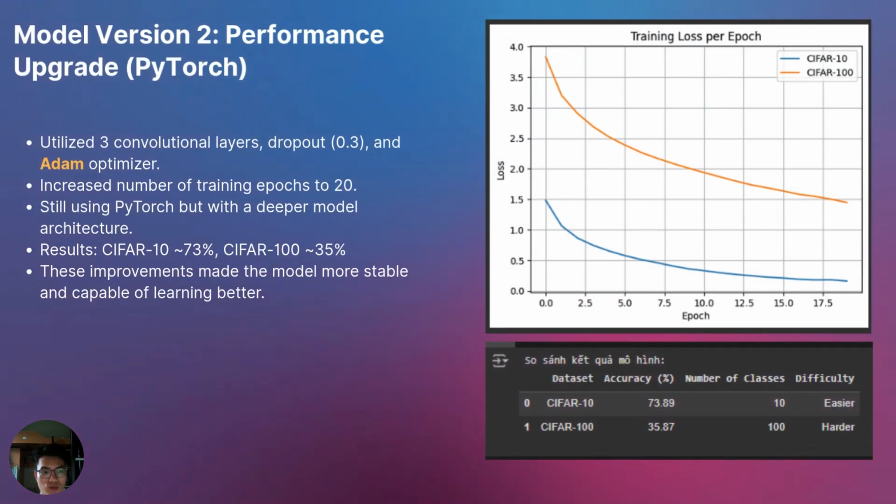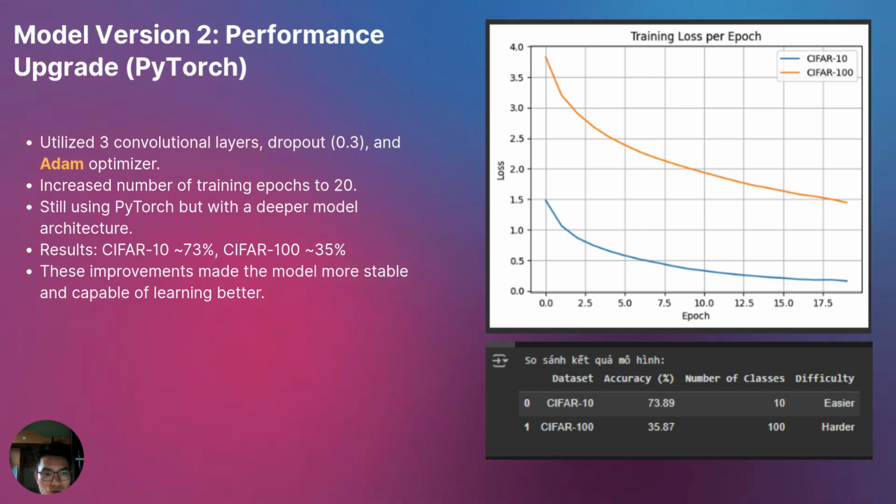Okay, so we're going to move to the next one, version 2. In this version, I use three convolutional layers with dropout of 0.3 and changed the optimizer to Adam. I also increased the epochs to 20. After training, look at the table.